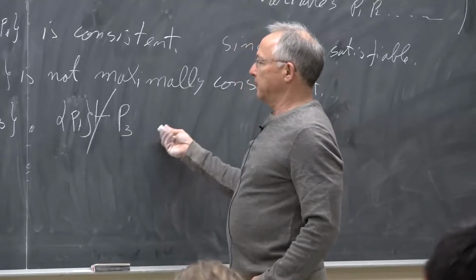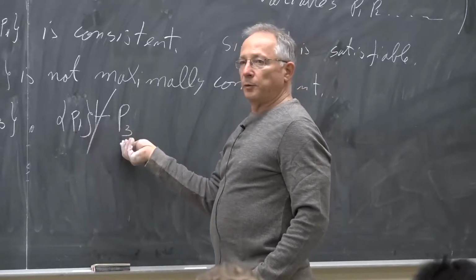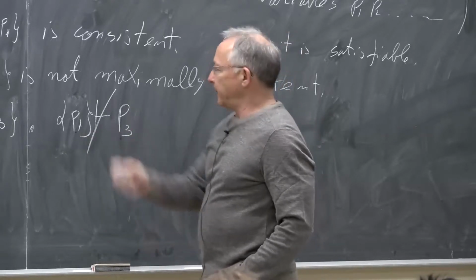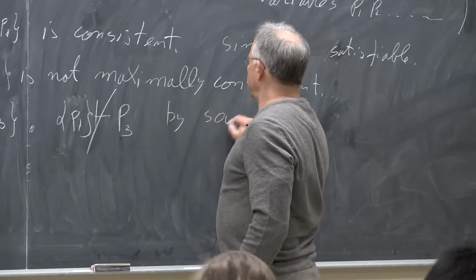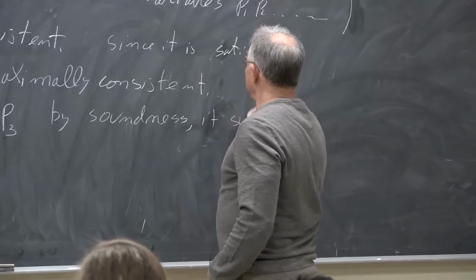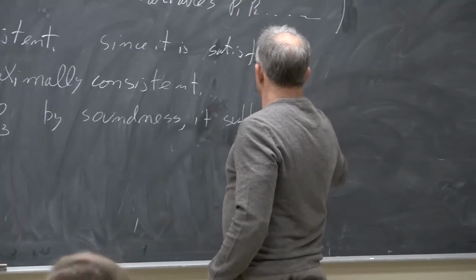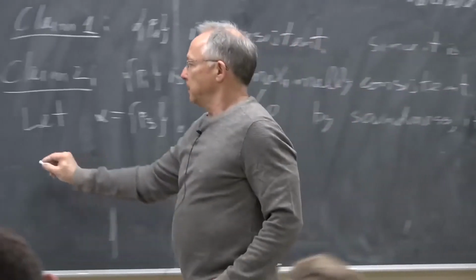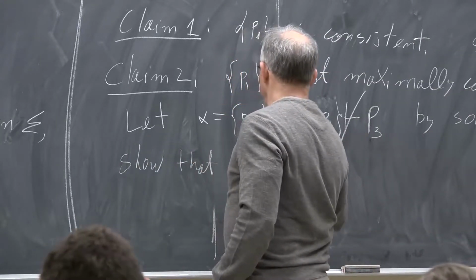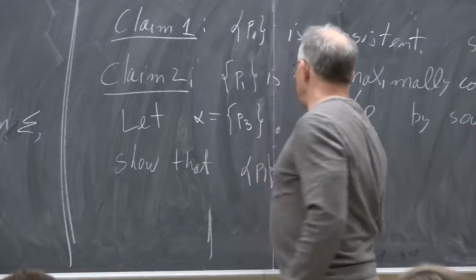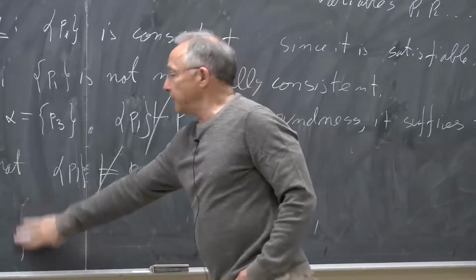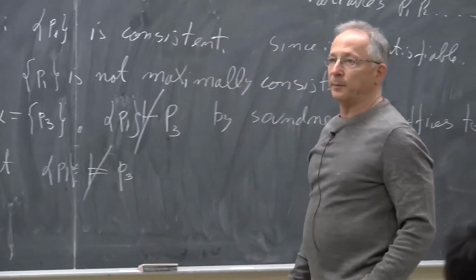And this is the easiest way to show that you don't have provability: show you don't have logical implication. Because by soundness, it suffices to show that P1 does not logically imply P3. Which means I have to show you a truth assignment that satisfies P1 but doesn't satisfy P3.